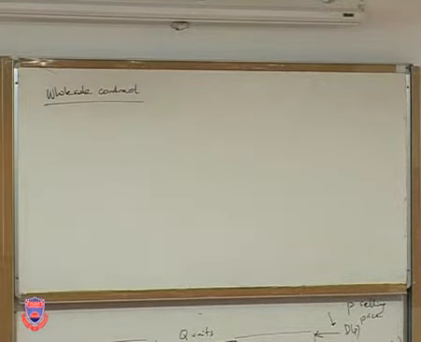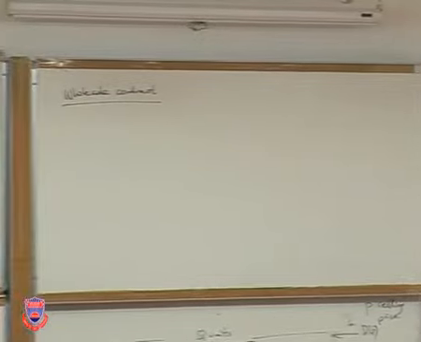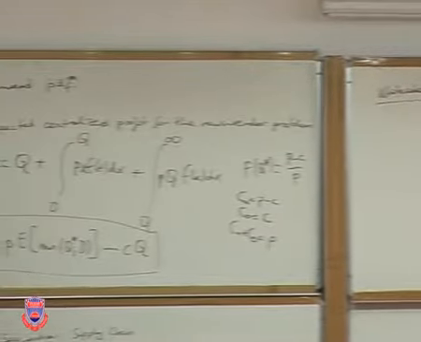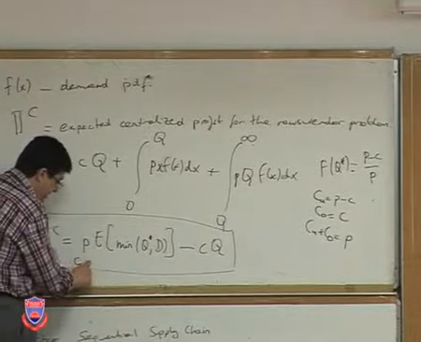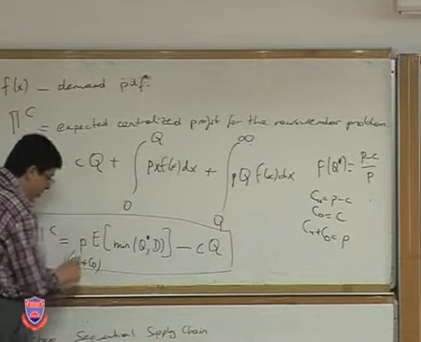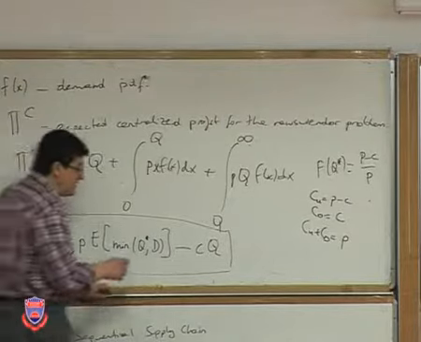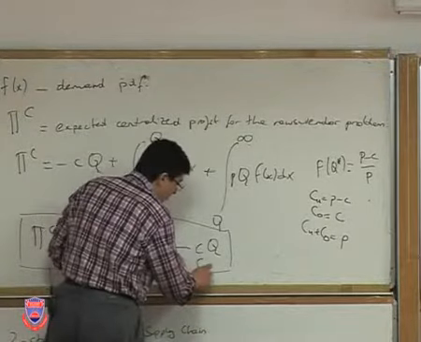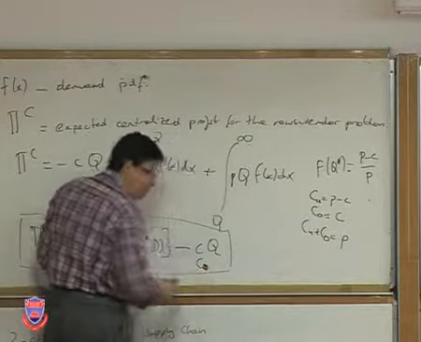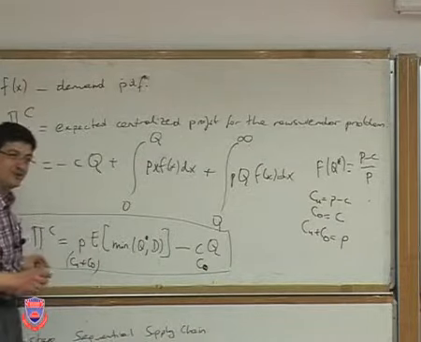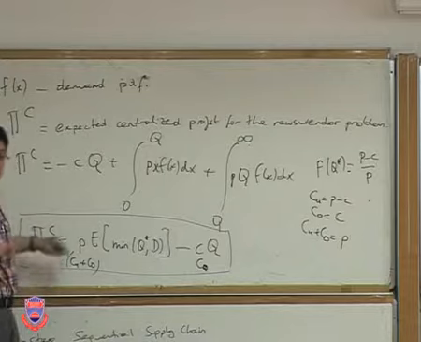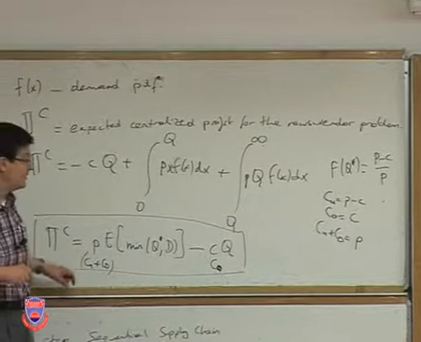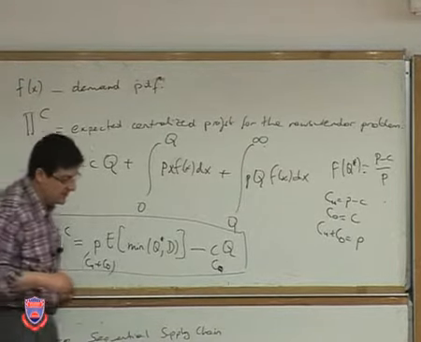By the way, going back to this formula, if you really want to generalize it, this part is always going to be Cu plus Co, and this part is going to be Co. So this is the way that you can write the expected profit function or expected cost function of a newsvendor problem.